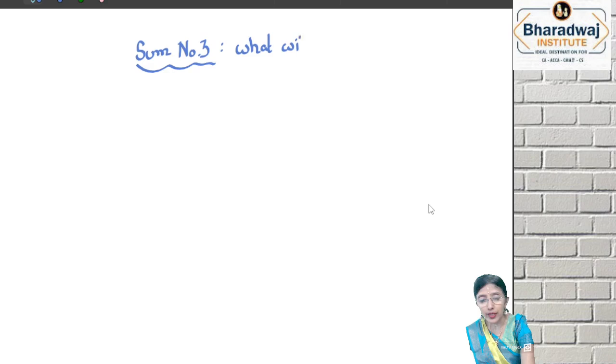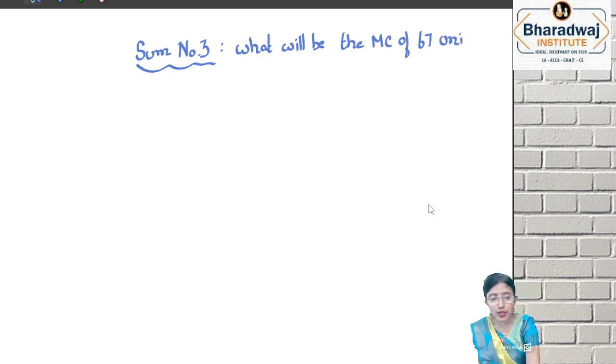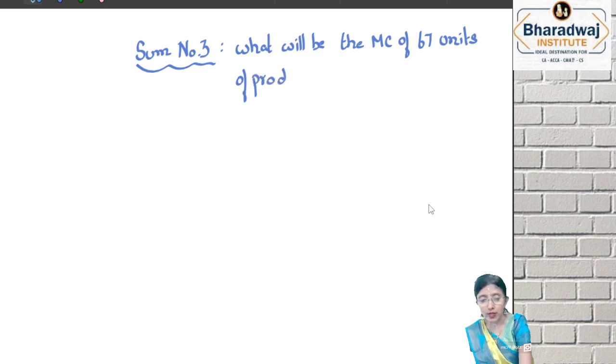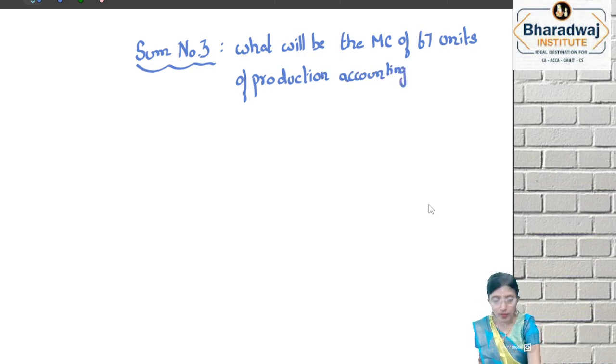What will be the marginal cost of 67 units? What will be the marginal cost of 67 units of production as per the table given below?